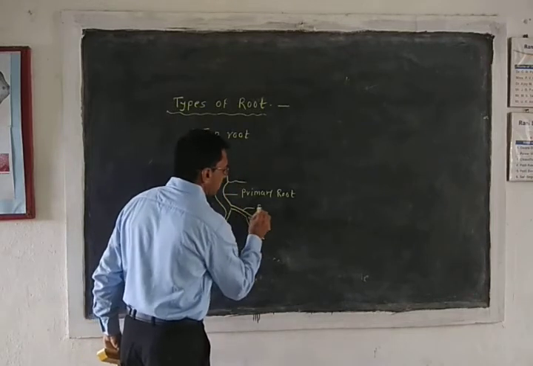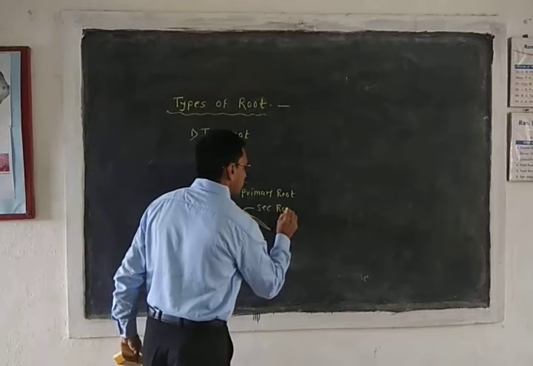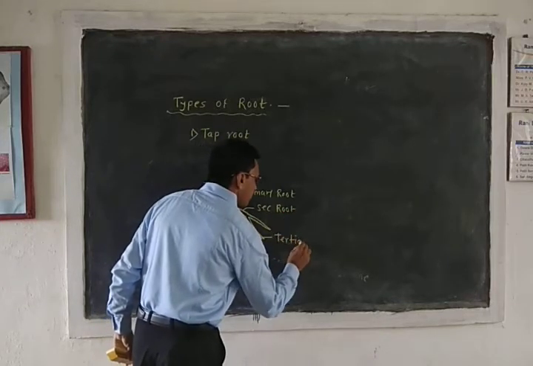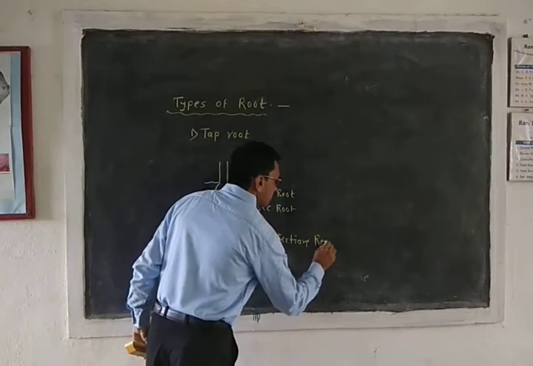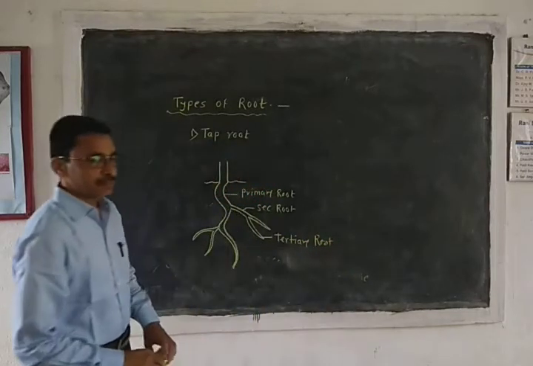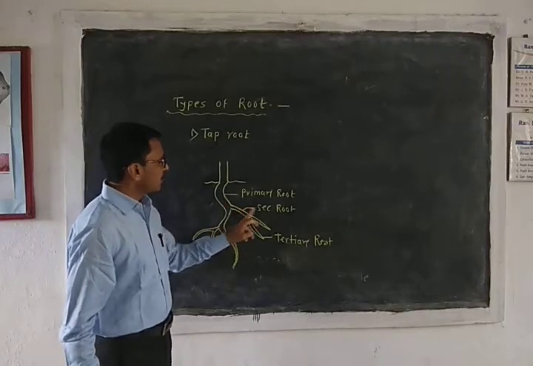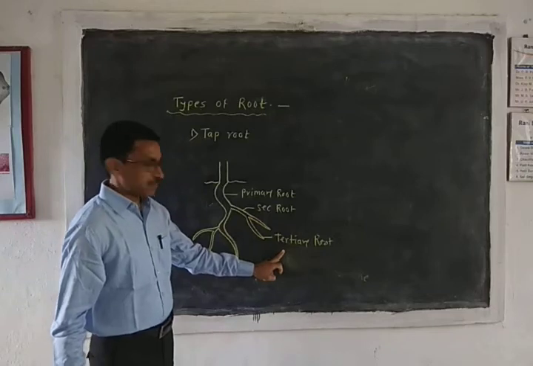This is the secondary root and this one is the tertiary root. The primary roots later on produce secondary roots and tertiary roots.